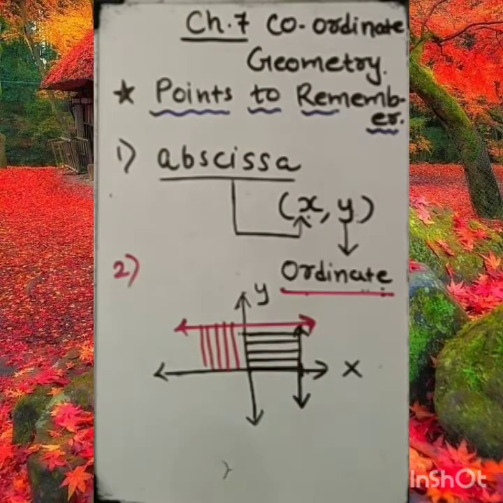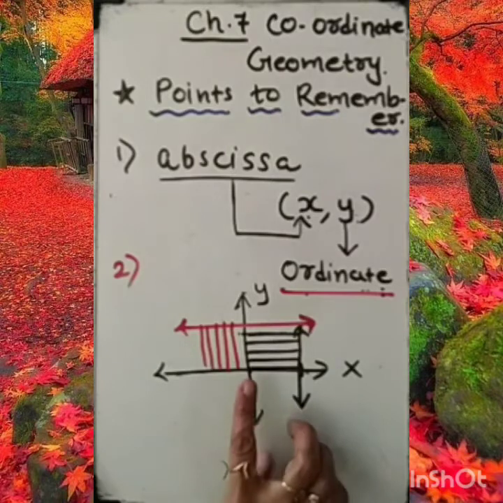Now the next point. Third point, please note down. The abscissa of every point situated on the right side of the y-axis.